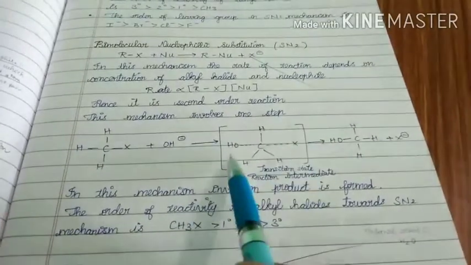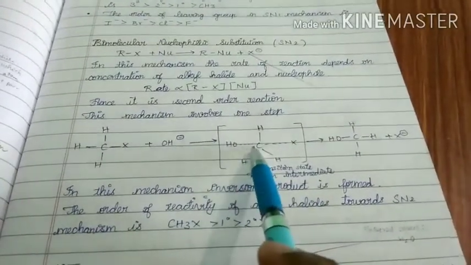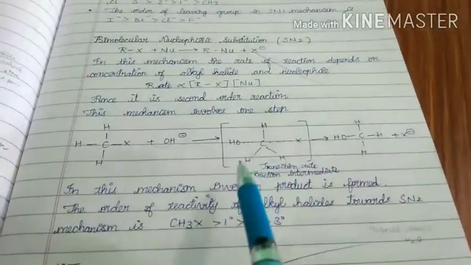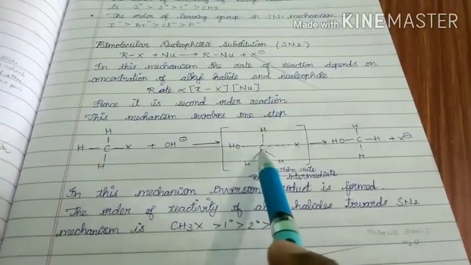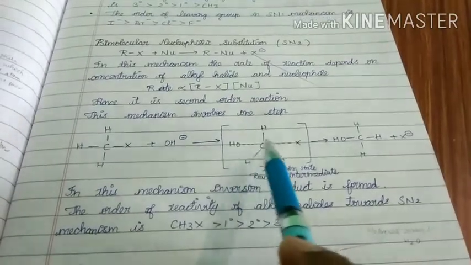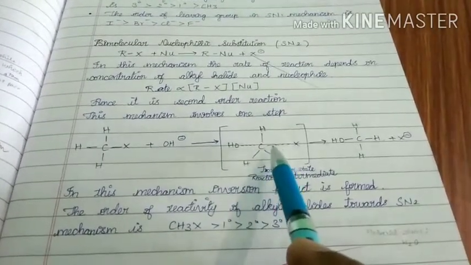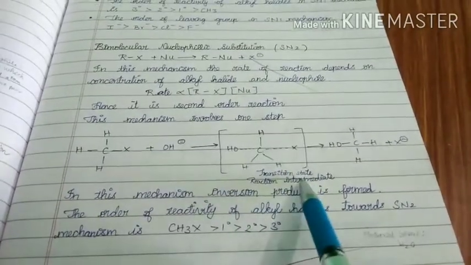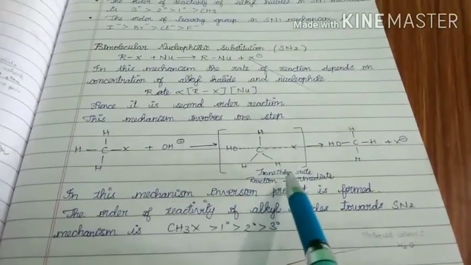Then this will be formed. The dots between this carbon and OH, and this carbon and halogen, indicate that a bond is ready to form between carbon and OH, and a bond is ready to break between carbon and halogen. That state is called the transition state.